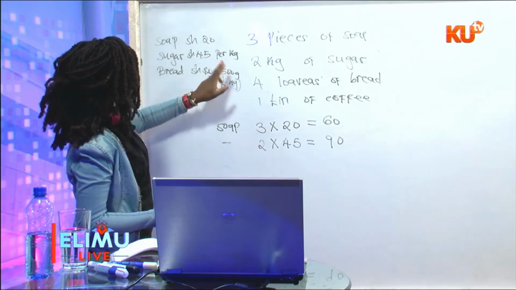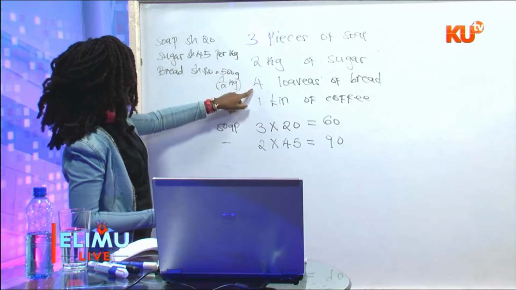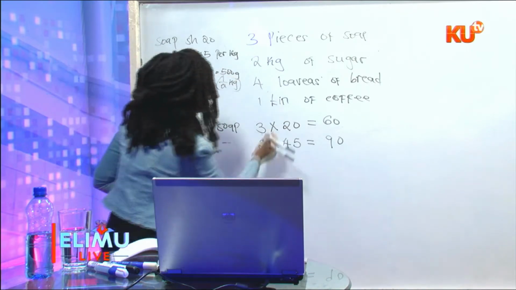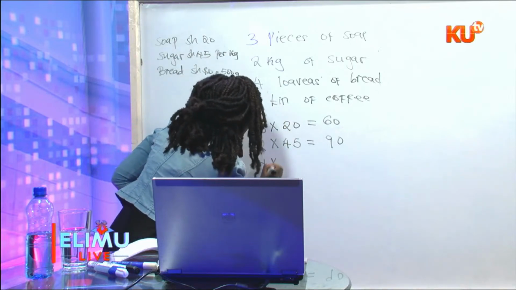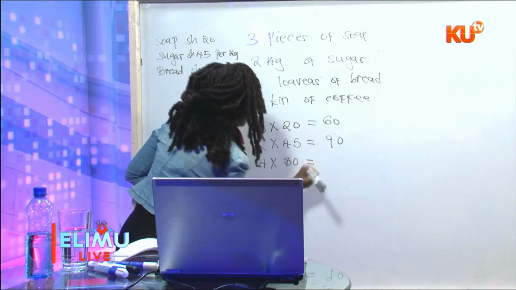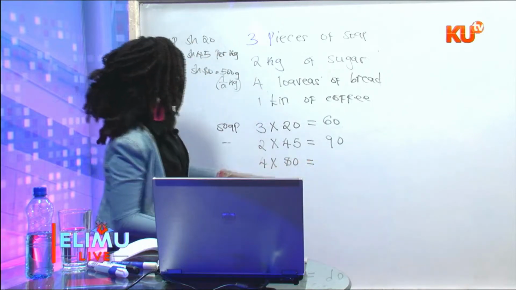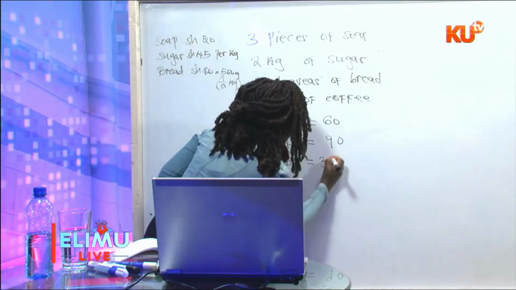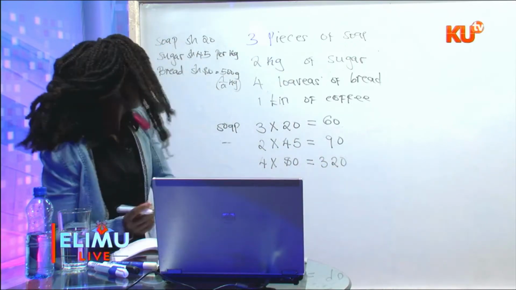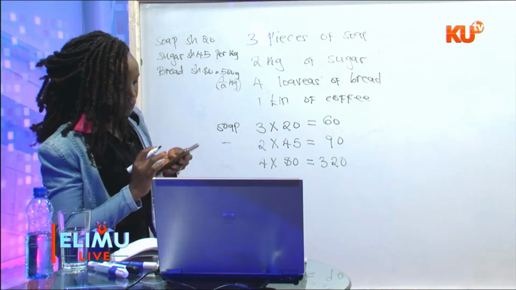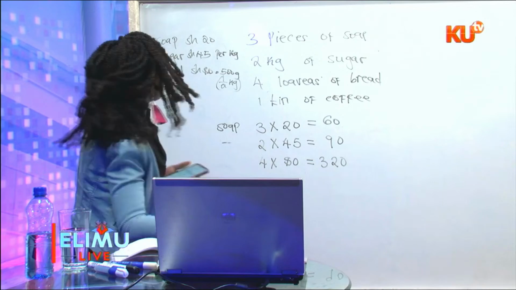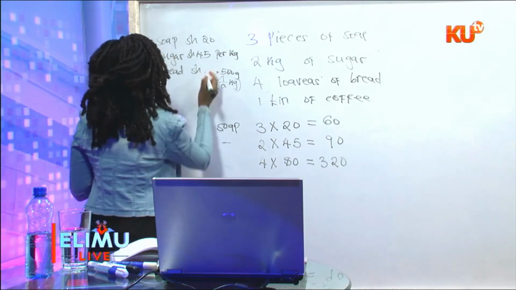That is per 500 grams. So 1 loaf of bread is 500 grams. So we are going to take the number of loaves, which is 4, times 80. So that is 4 times 80. We get 320. And then you have the cost of the coffee. Wait, sorry. Bread costed 20 shillings.